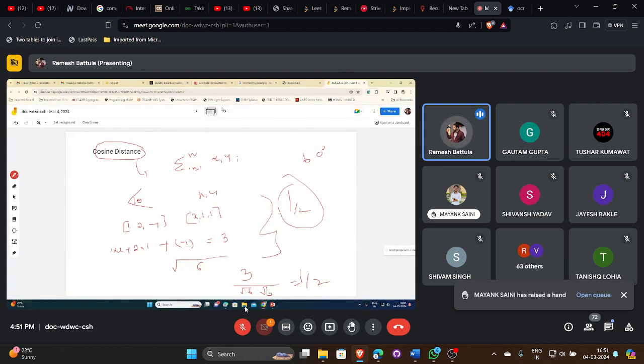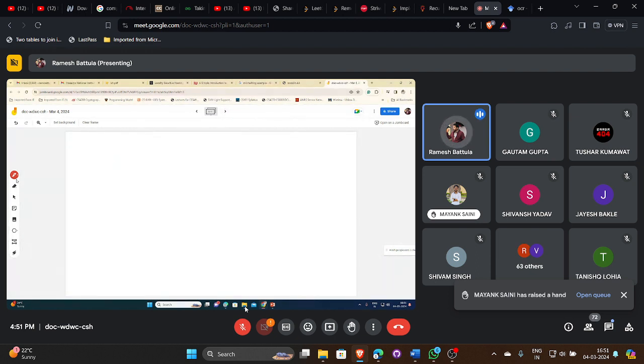And third, one more distance is there, that is called the edit distance. This distance makes sense when the points are strings. How do we find the distance between two strings?